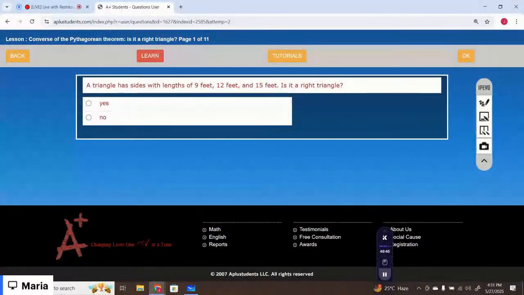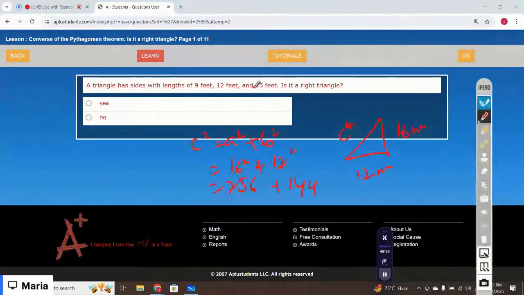A triangle has sides with a length of 9 feet, 12 feet, and 15 feet. Is it a right triangle? So the longest side is always c, right? That is c square equals a square plus b square. That is 15 square equals 12 square plus 9 square. 225 equals 144 plus 81.